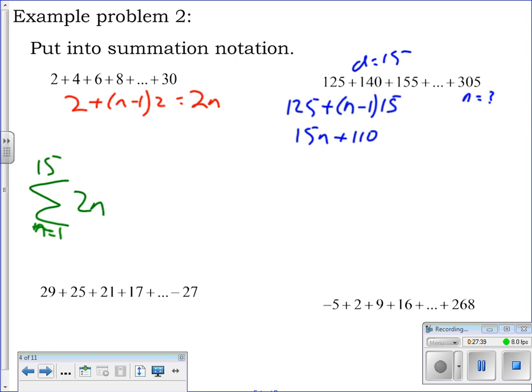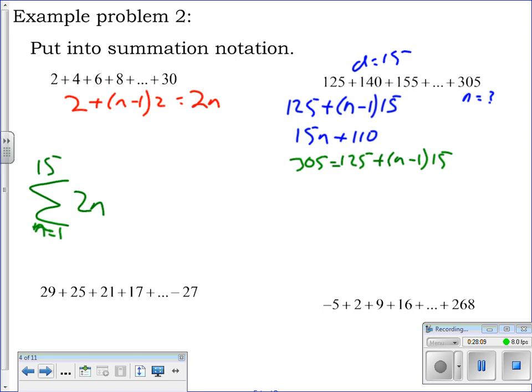So that's my equation I'm going to put with my sigma notation. Then I got to figure out what term number 305 is. So that means I set it up. I go, okay, 305 equals 125 plus N minus 1 times 15. And I solve that for N. Something we've done lots of times before.